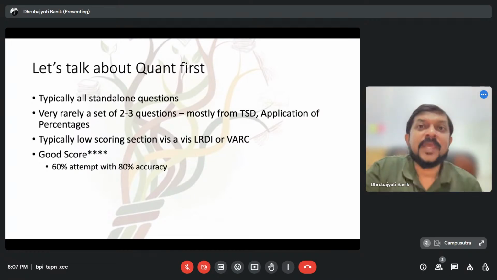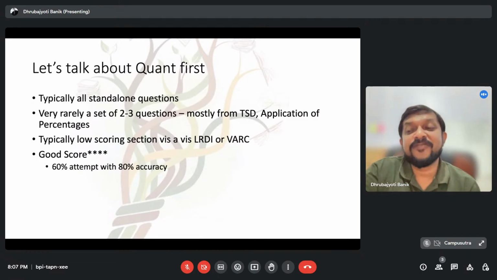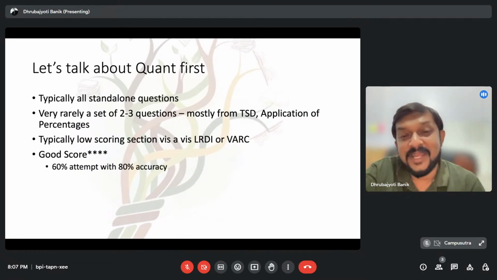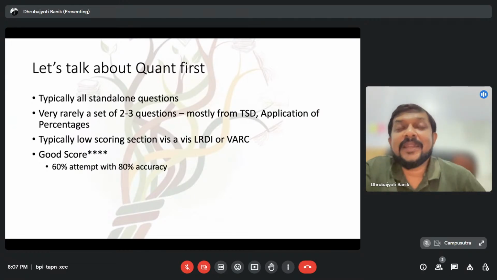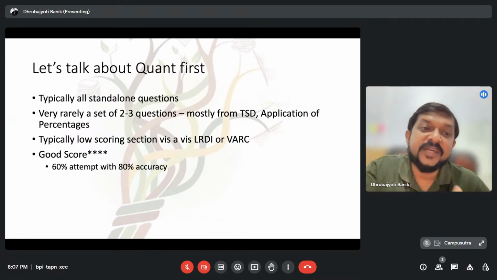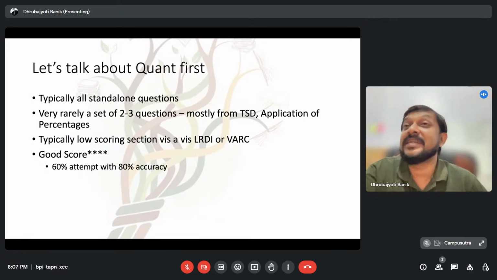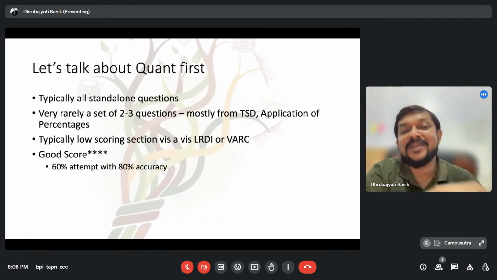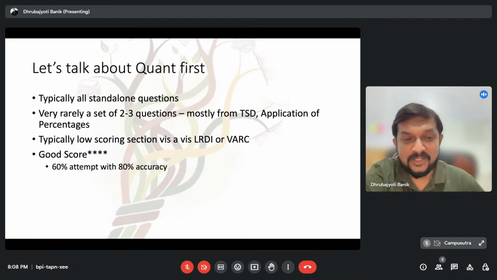If you look at them, a large quantity of them don't worry about VRC so much, they don't worry about LRDI so much, but they have an internal fear about the quant section, thinking it is maths. Okay, and maths has been something which has dreaded us, which we have been petrified about during our childhood, class 10, class 12, and so on.